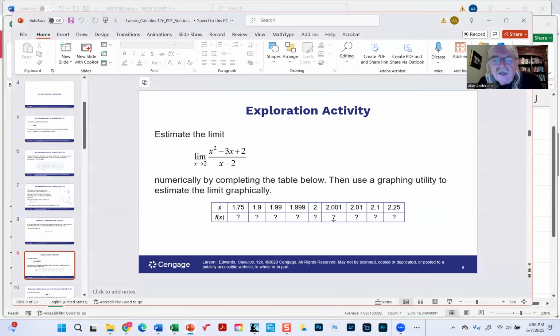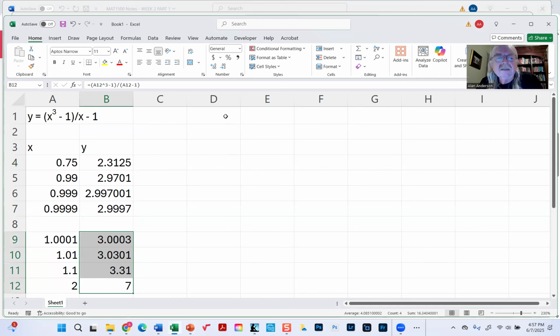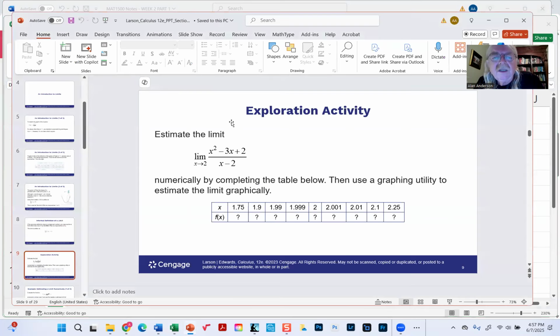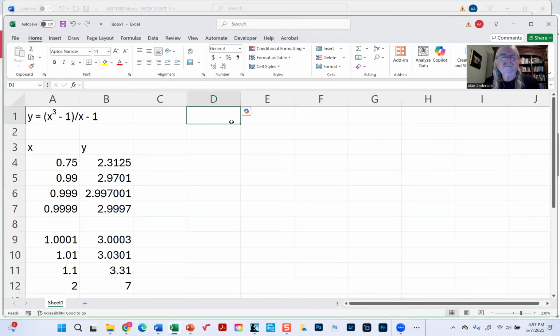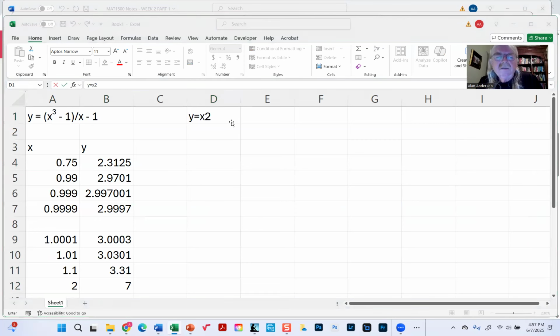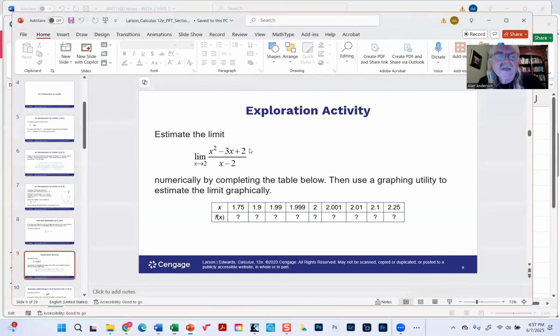Now for this one, they wanted us to fill in the same kind of table. I guess we could try that one. What is this? x squared minus 3x plus 2, and all of that is divided by x minus 2.